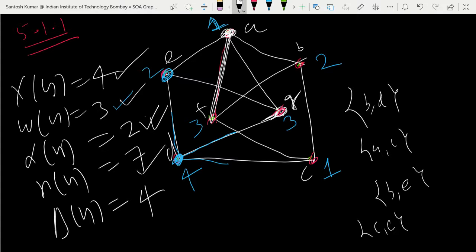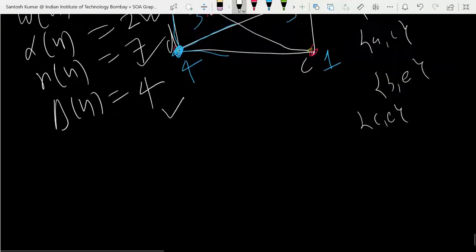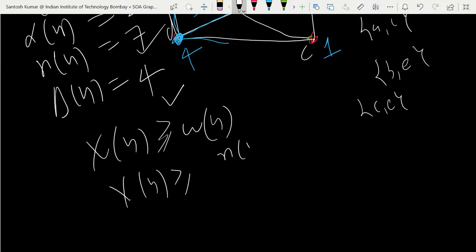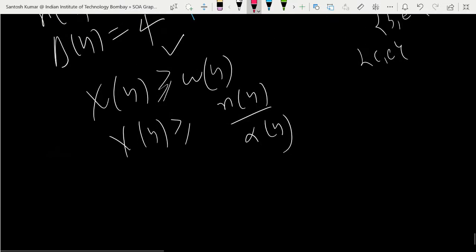The number of vertices you know, and delta is the maximum degree of the graph, right? So which vertex has the maximum number of edges? Now we can verify all the results. We know the chromatic number is greater than or equal to omega of G. Chromatic number of G is greater than or equal to n G upon alpha G, which gives the lower bound.